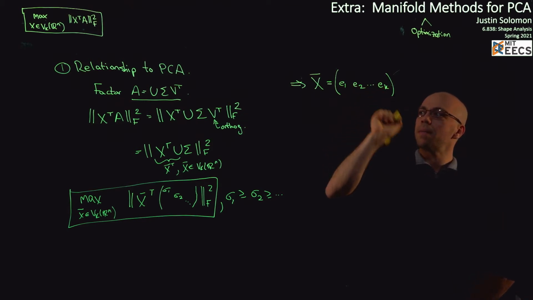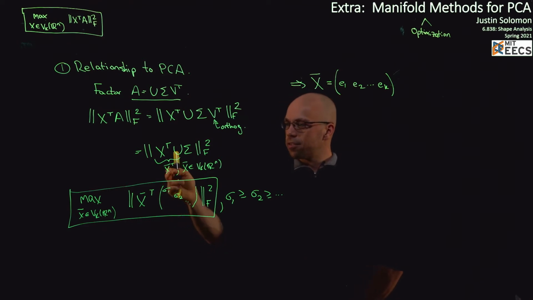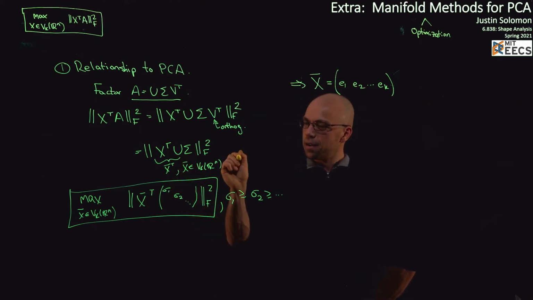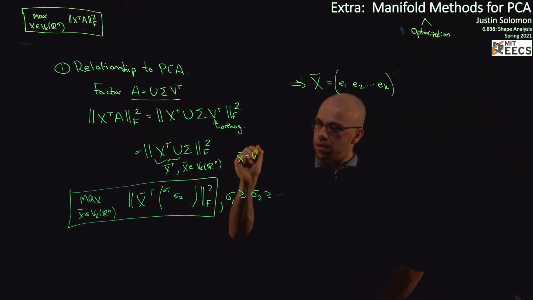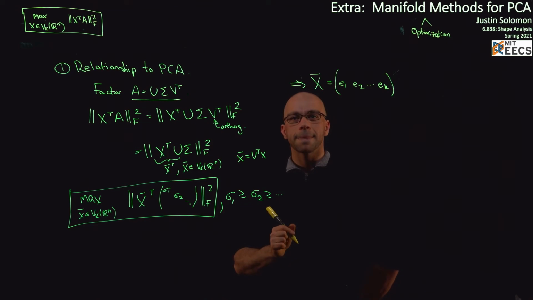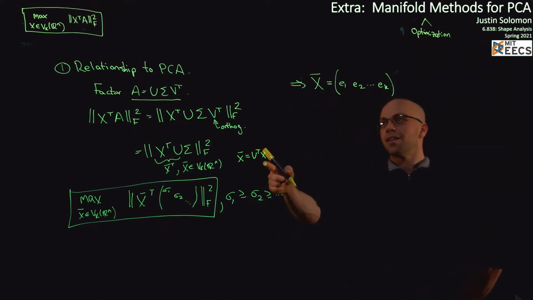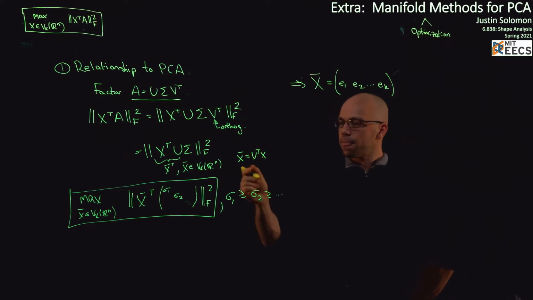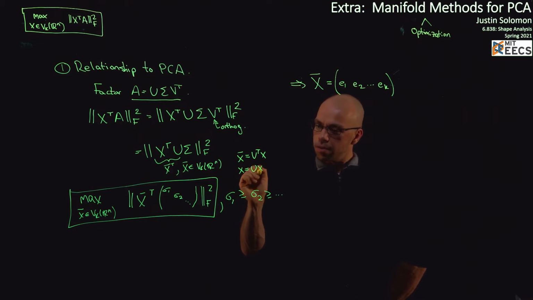And okay, well, if we unroll, remember that x bar transpose equals x transpose U, or equivalently, x bar is equal to U transpose x, just by transposing this expression here. Well, in that case, what are we doing? In other words, x is equal to U x bar.